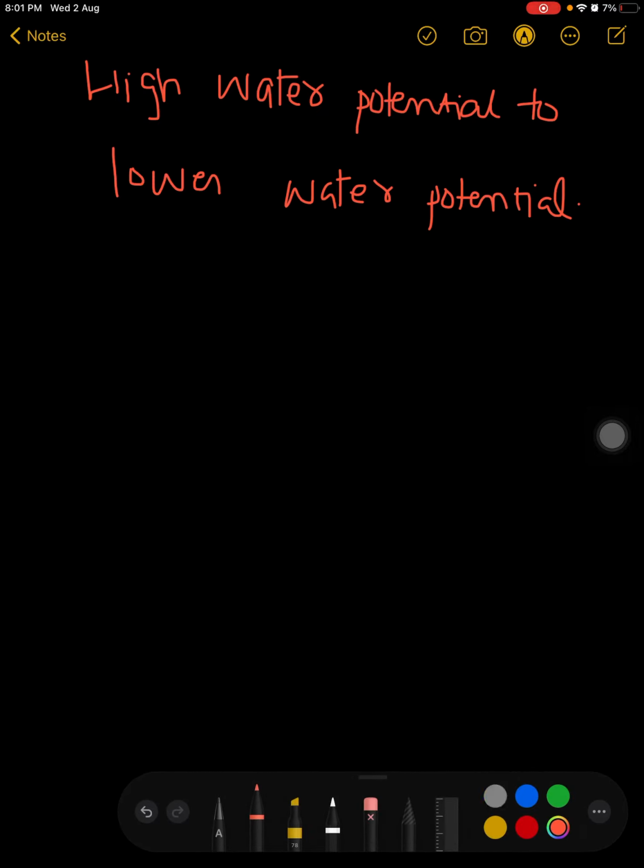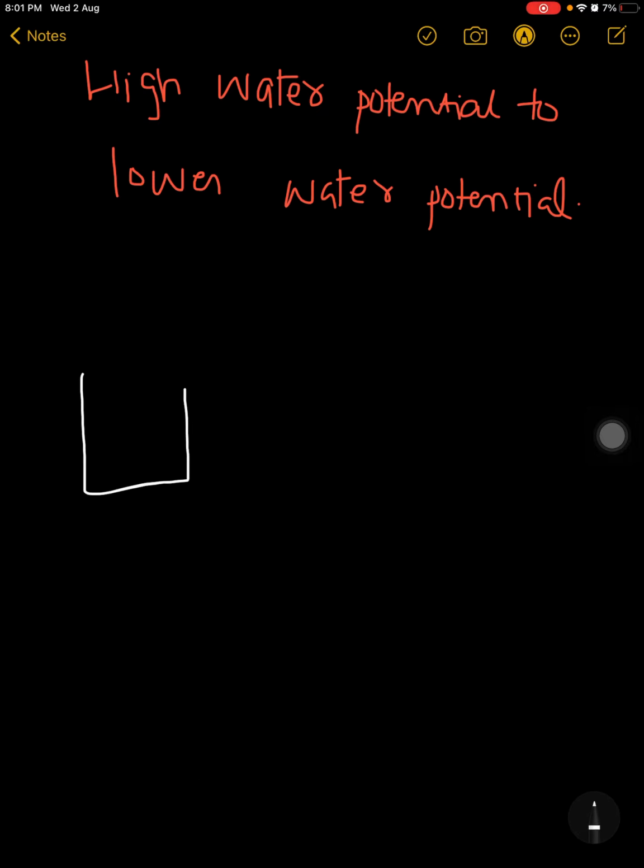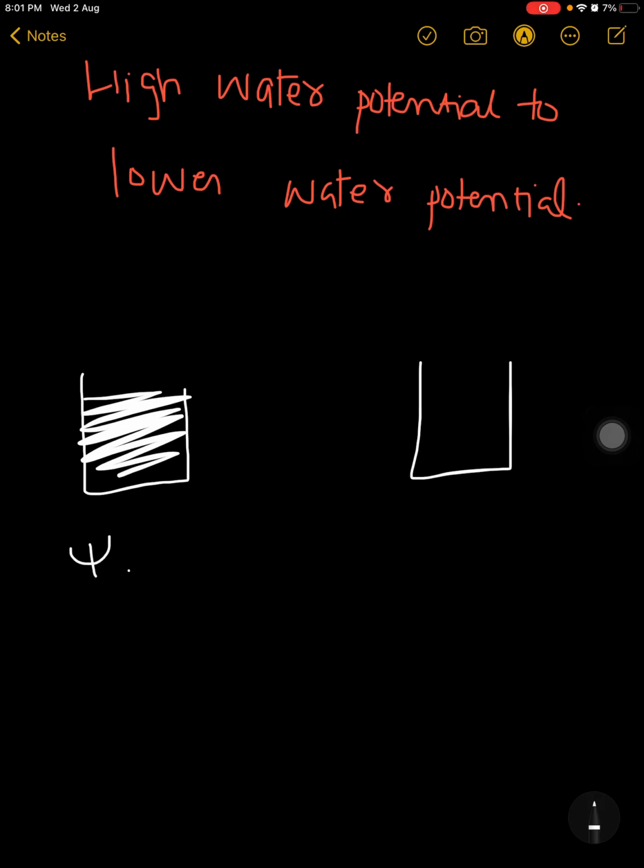What does that mean? Consider this is a glass, this is another glass, right? This one has a lot of water potential, the water potential is high, and here the water potential is low, right? What does that mean?